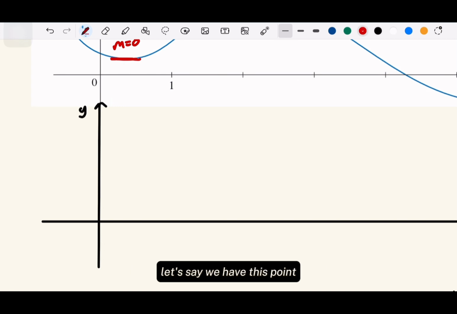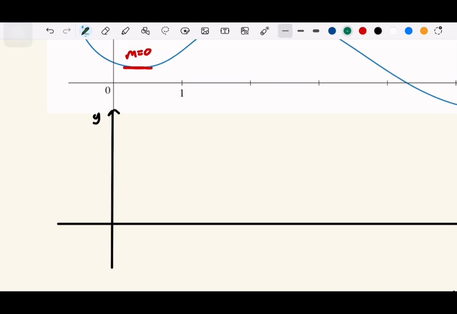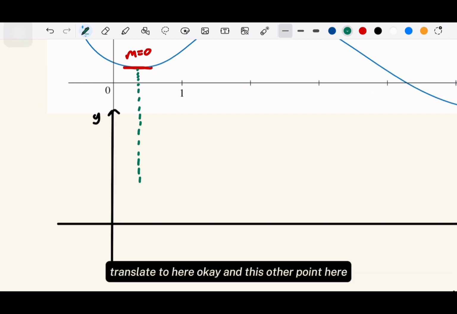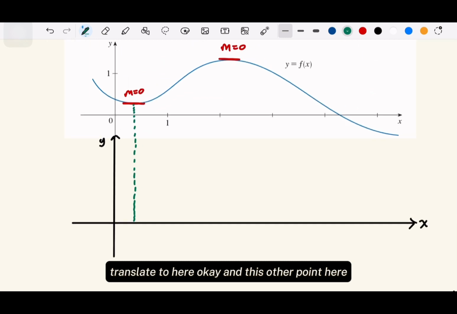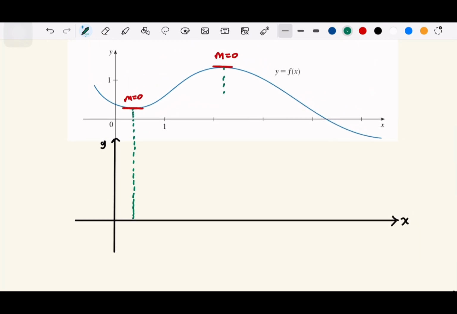Let's say we have this point, let's say this point here, translate to here, okay, and this other point here.